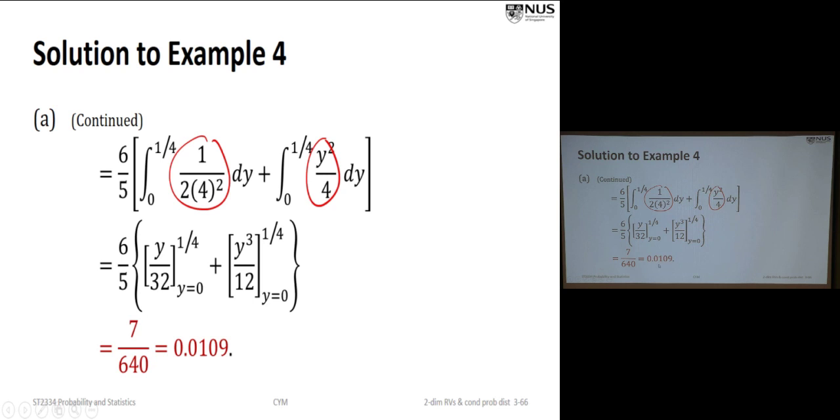You can see that because this is the PDF. As x gets bigger, then this is big. But of course, when y is getting bigger, how about y square? Getting bigger?